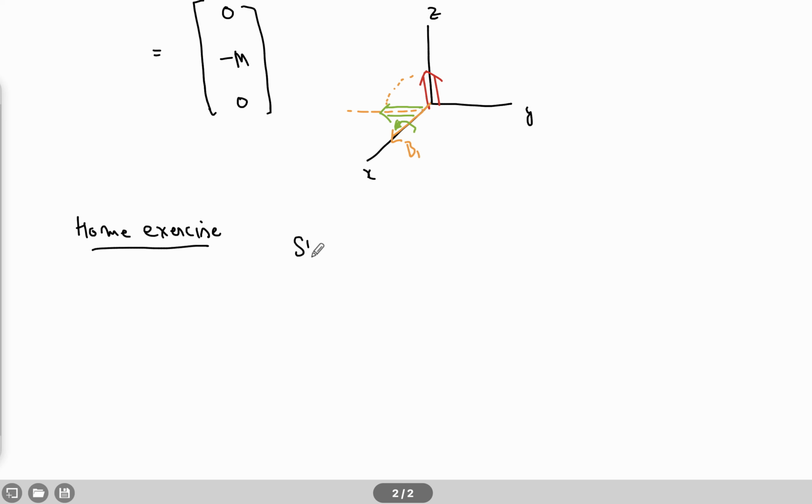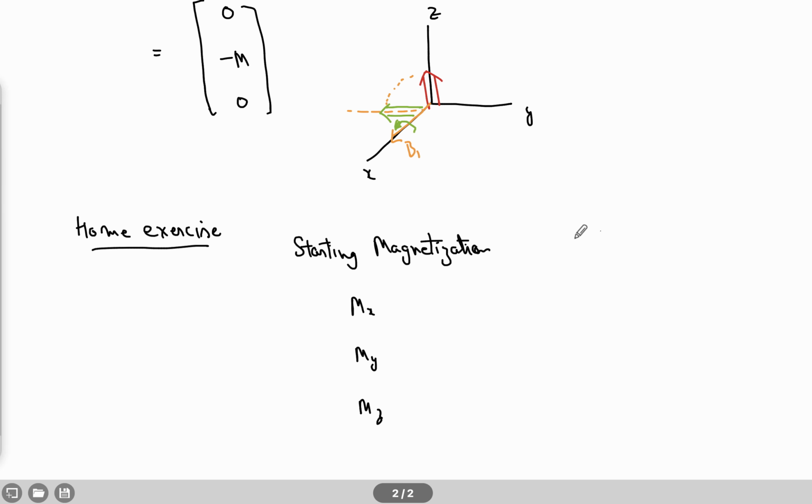So let's say you have starting magnetization of Mx, My, Mz. Let's say you have all three cases, and the pulse which you are applying is, let me write it clearly.